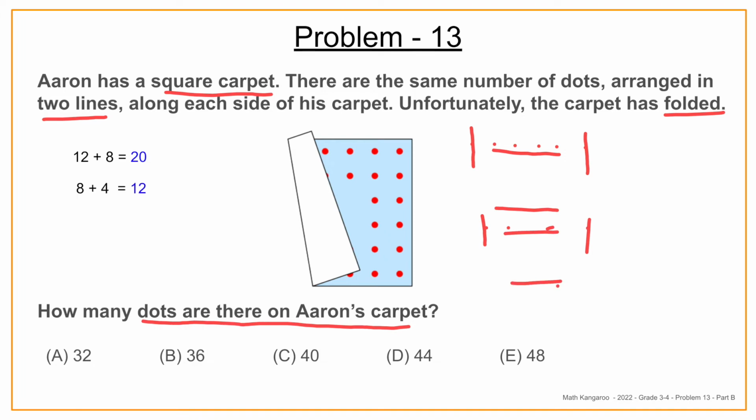So the total is 8 plus 4, which gives us 12. So we have 20 on the outside and 12 inside. Then the total is 20 plus 12, which gives us 32. So 32 dots are the total on the carpet. Our option is A, 32.